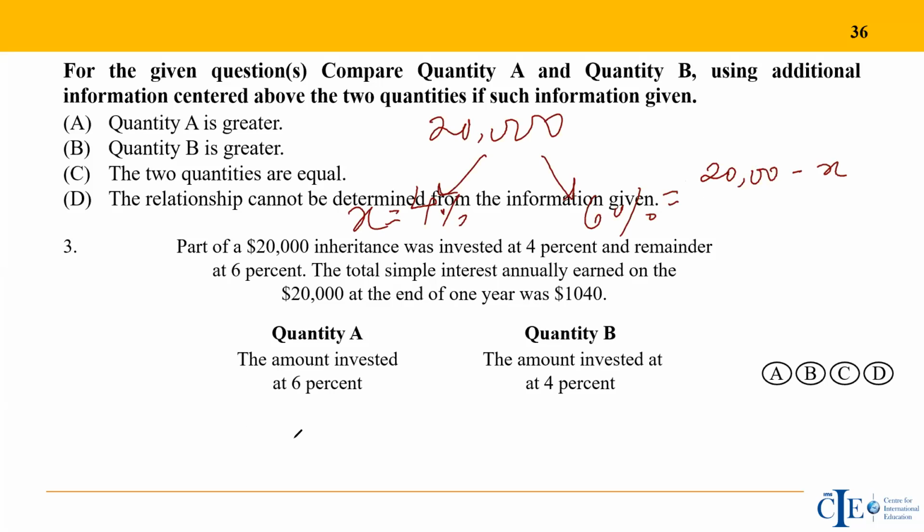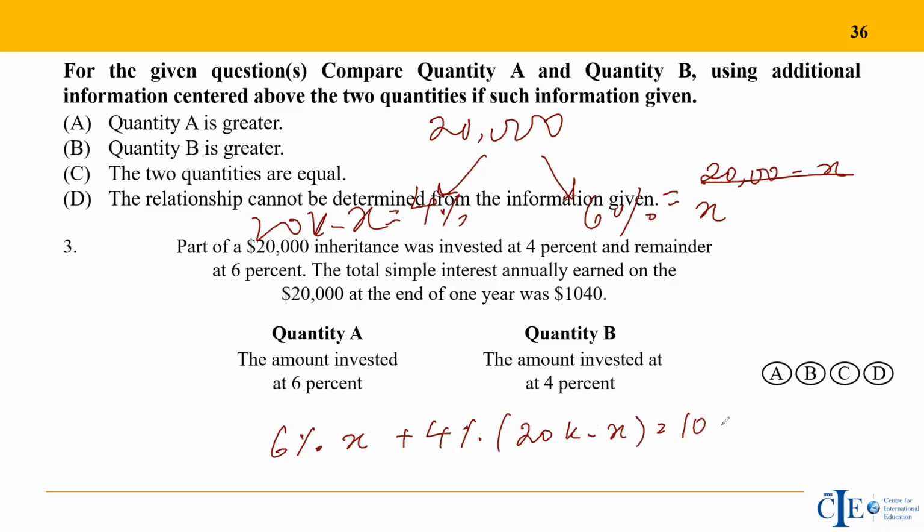Then the total earning is 6%. Let me take this as X so that I keep the value positive. Take this as X and this as 20,000 minus X. So 6% of X plus 4% of 20,000 minus X equals 1040.